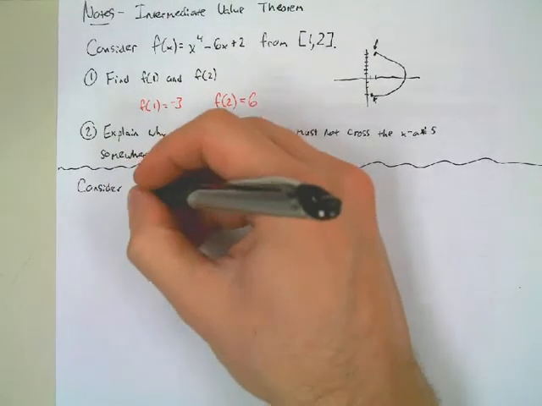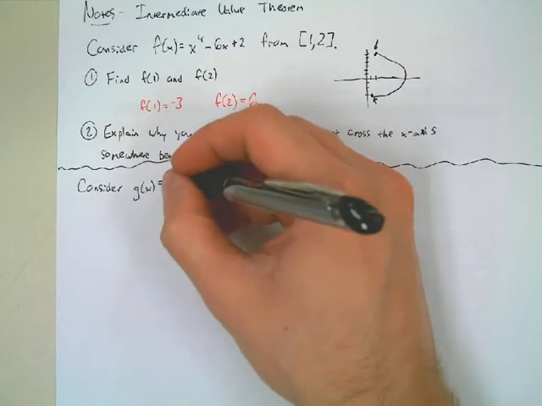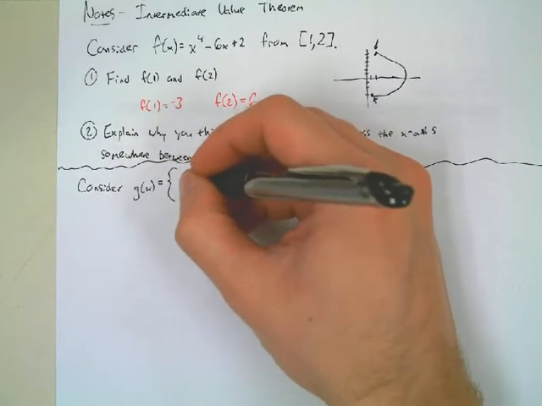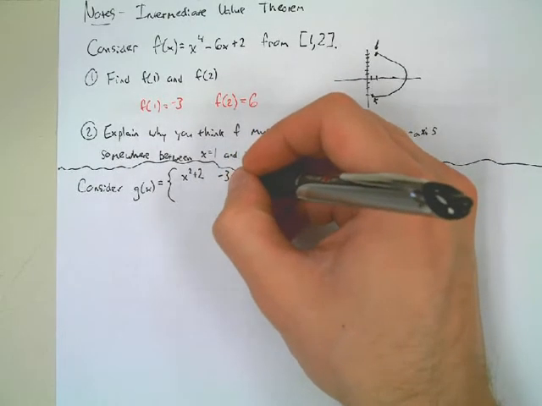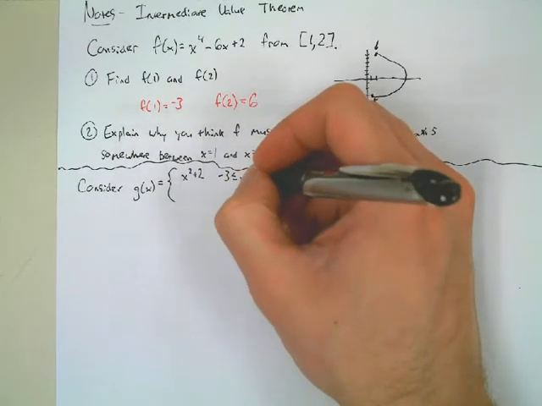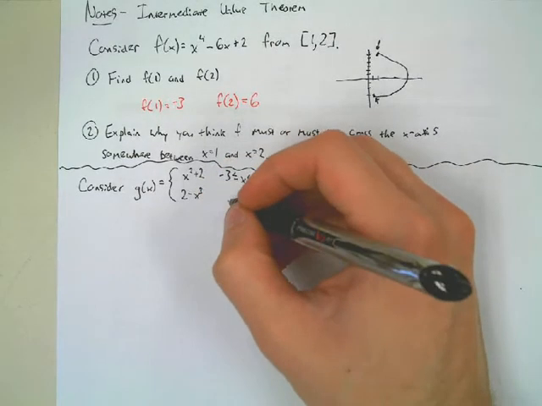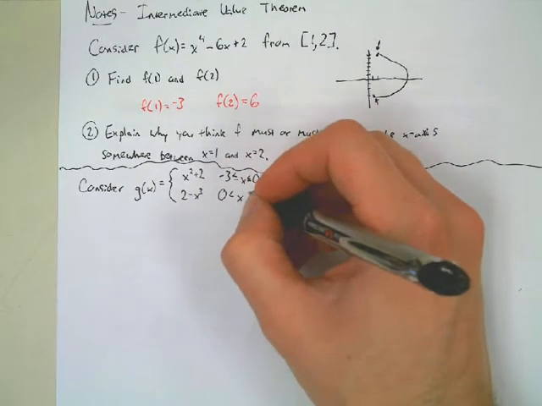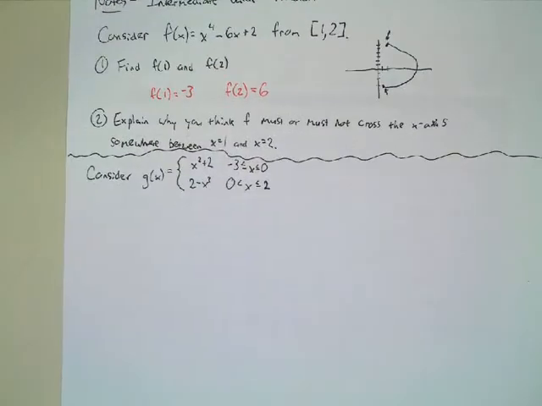All right, so now let's consider another one. Consider g of x, piecewise. x squared plus 2 for negative 3 less than or equal to x less than or equal to 0, and it's equal to 2 minus x cubed for 0 less than x less than or equal to 2.